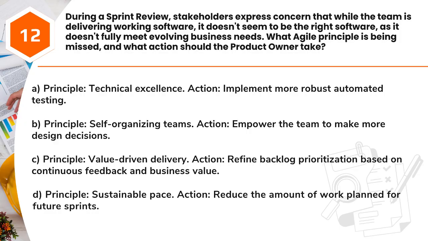B. Principle, self-organizing teams. Action, empower the team to make more design decisions. C. Principle, value-driven delivery. Action, refine backlog prioritization based on continuous feedback and business value. D. Principle, sustainable pace. Action, reduce the amount of work planned for future sprints.